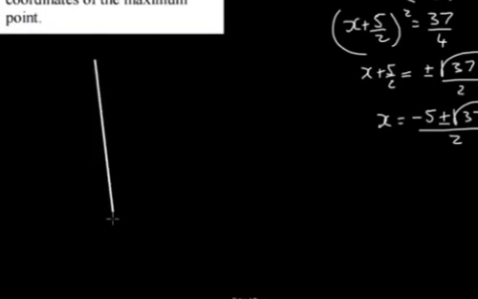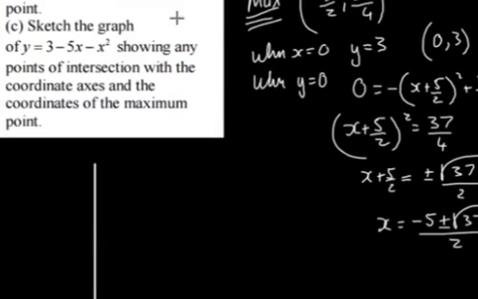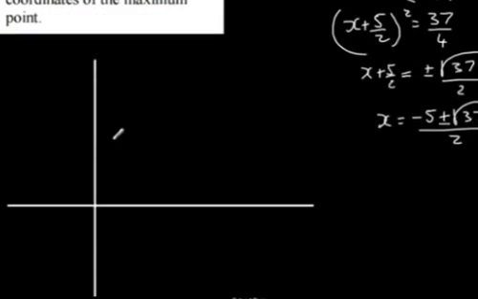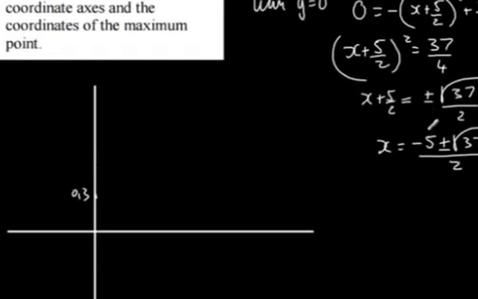Let's just go ahead and draw a sketch. Remember, this is opening downwards. So we've got now this point, and again, that point is going to be 0, 3. That's where it crosses the y-axis. We've got negative 5 plus the root of 37 over 2.